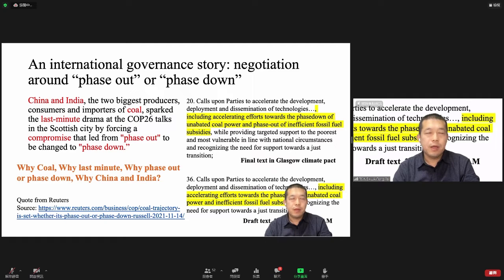And why did this compromise happen at the very last minute instead of during the negotiations? And why do the parties or countries debate the words phase out or phase down? And finally, why are China and India insisting on the words phase down instead of phase out?